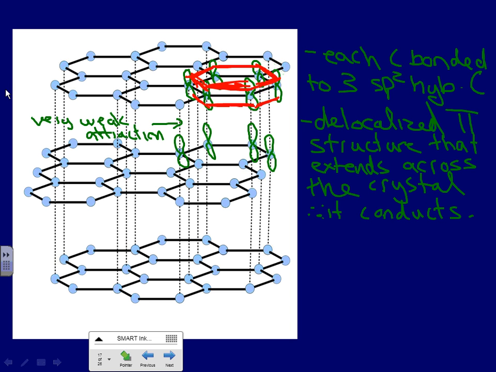Another important property is that it's very slippery. I grew up on a farm, so I saw applications for graphite. In a corn planter or a grain planter, for all the moving parts, you don't want to put grease in there because grease is sticky, and any seeds that would get caught up in the grease wouldn't be able to go into the ground because they would be stuck and gummed up in the grease.